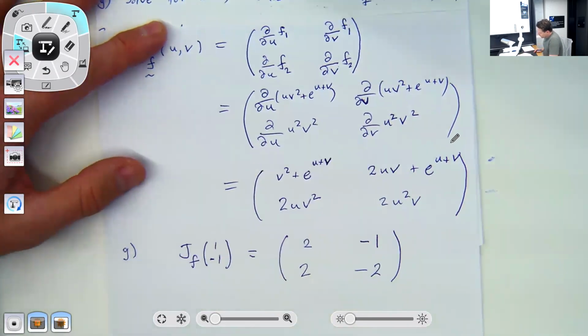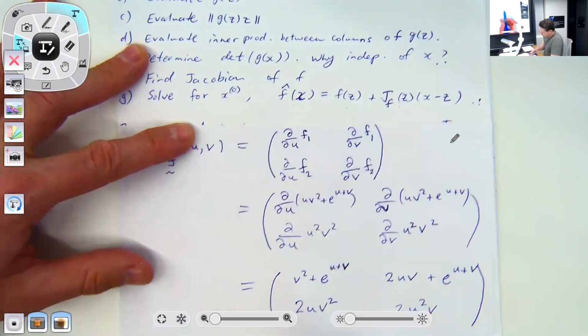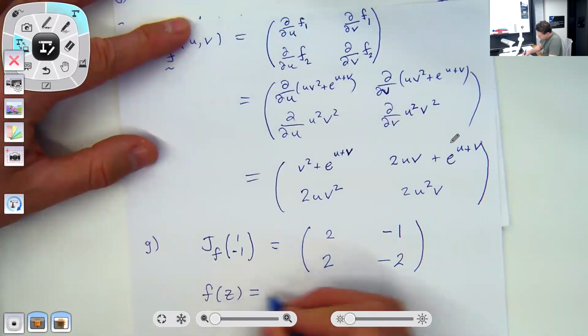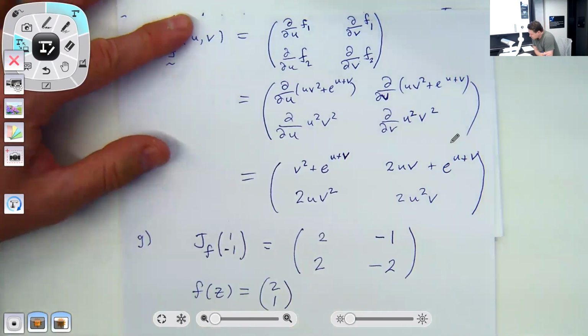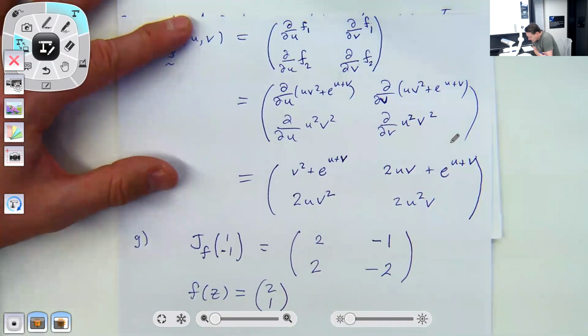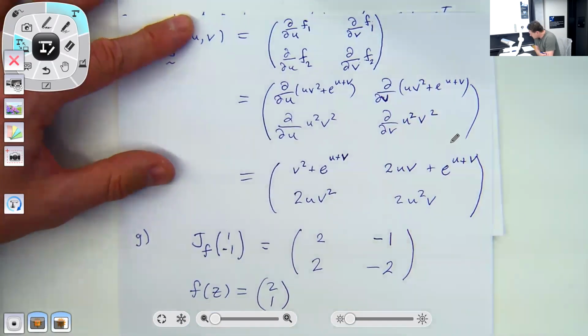Now the next thing we want is f of z, because f of z is right there. So f of z is 2, 1. We've already calculated that above, but it helps to write it down again. Then let's just write our f hat.